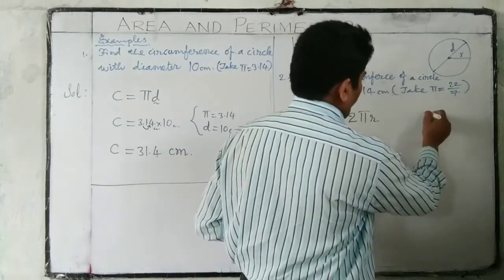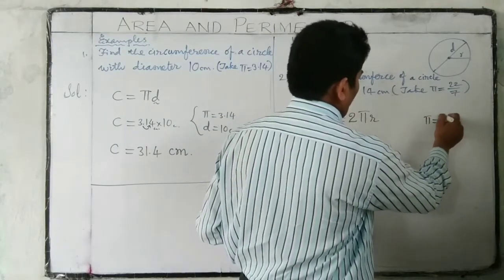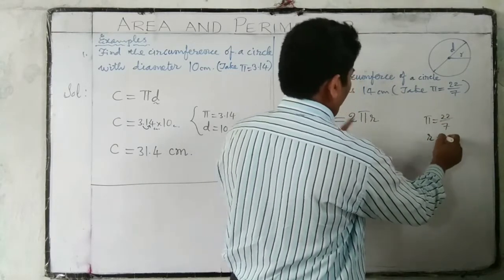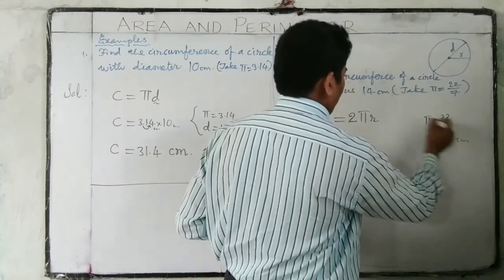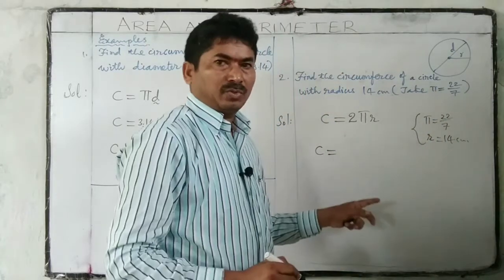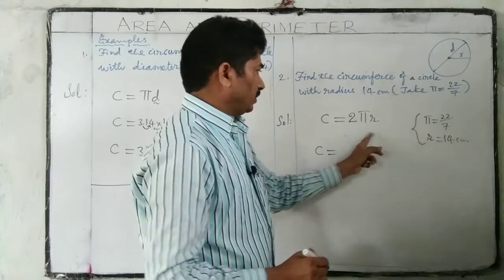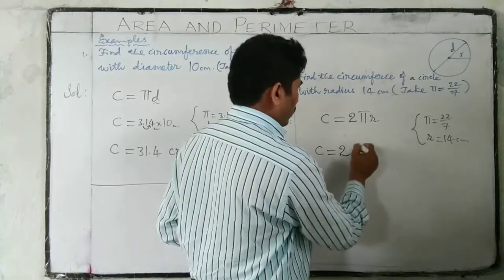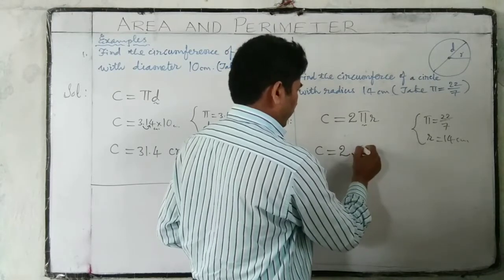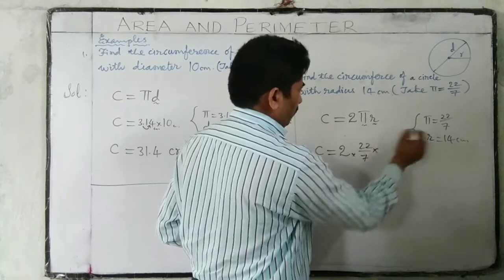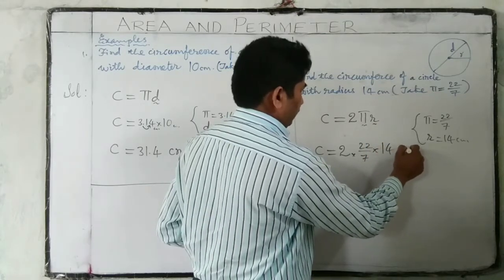Here given pi is equal to 22 by 7 and r is equal to 14 centimeters. So these are given. So that's why we have to substitute these given values in this formula. Pi 22 by 7 into r 14 centimeters.